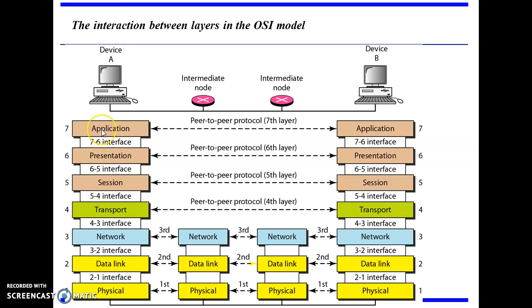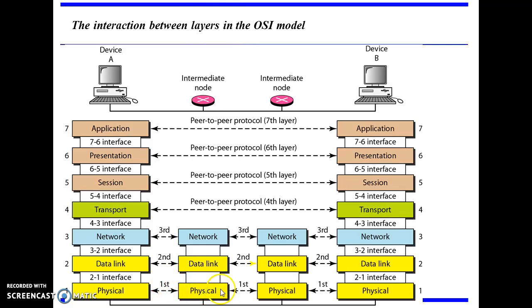That means the information from this layer will be easily transmitted to the layer below, and also the information from the layer below will be easily transferred to the layer above. From application to presentation, session, transport, network, data link, and the actual raw data will be available at the physical layer, which is actually through physical communication, through the physical link, right?